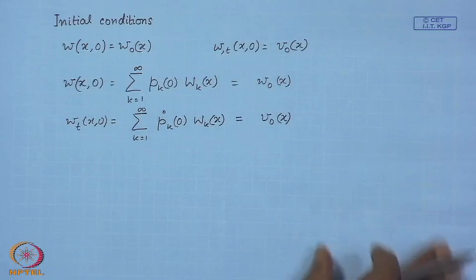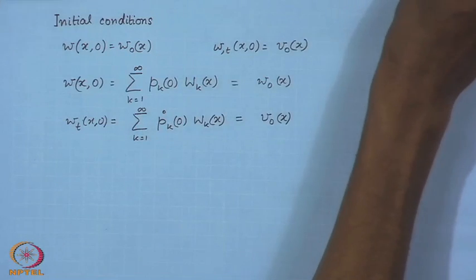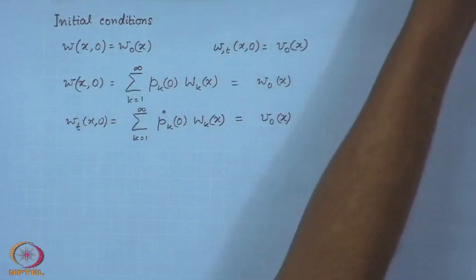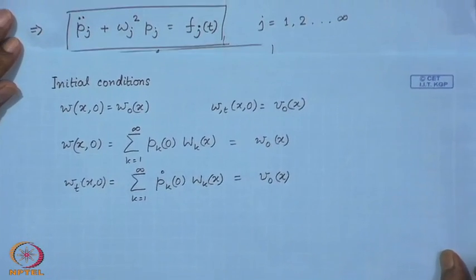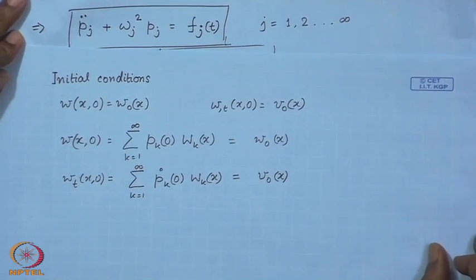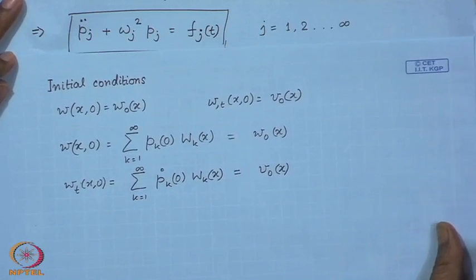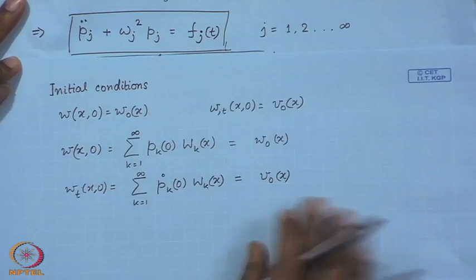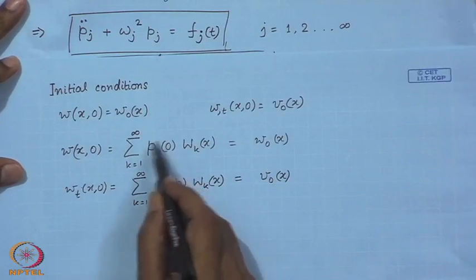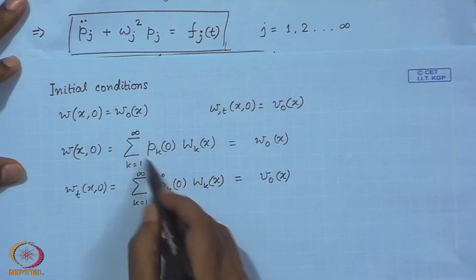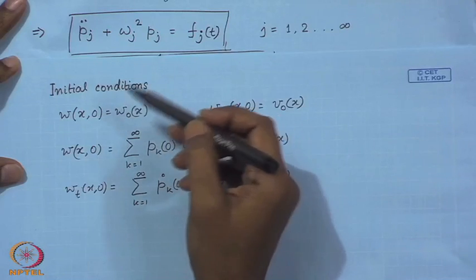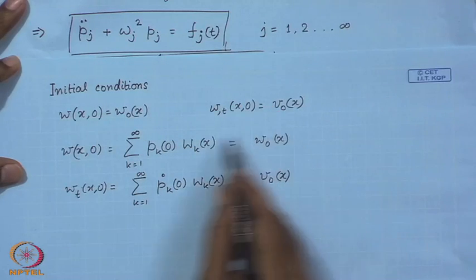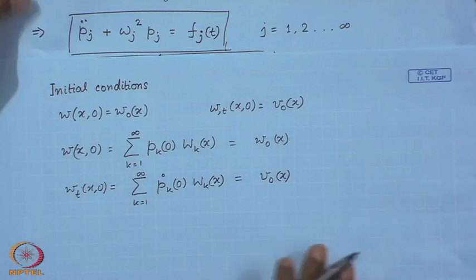So, we have to solve this equation with initial conditions on p at 0 and p dot at 0, which we are going to now solve from these two equations.